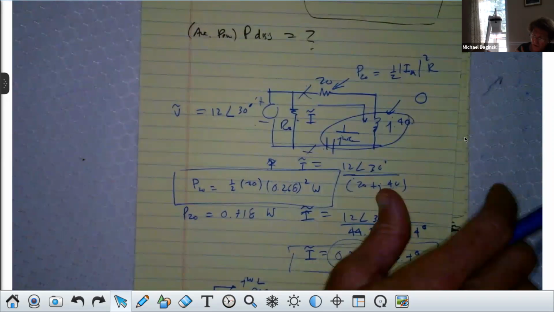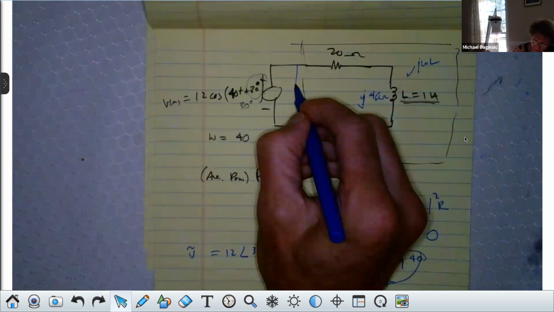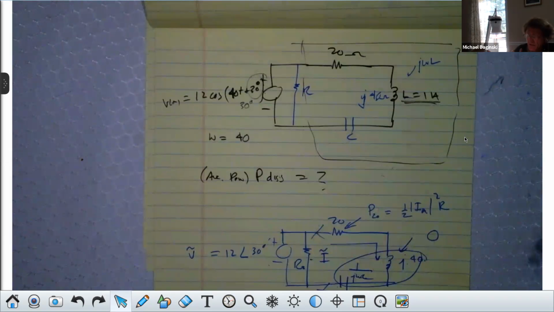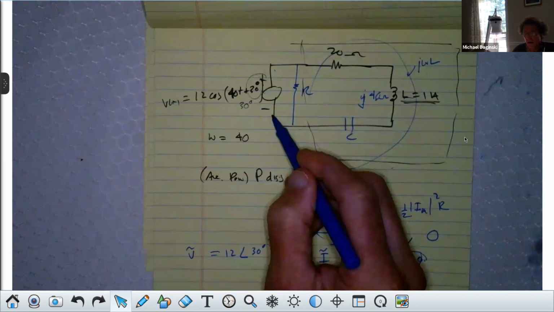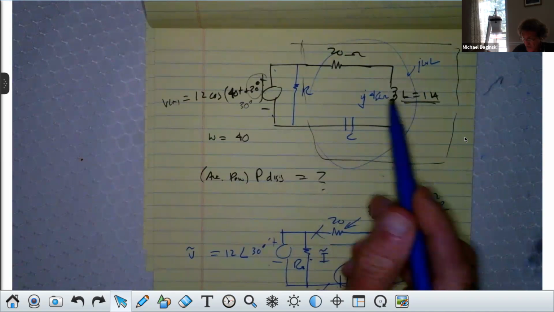Suppose I put a resistor here. Doesn't matter what the value. Would anything about this circuit change the current? Because the voltage is the same, right? Y'all see that, everyone? The voltage is the thing that drives current.